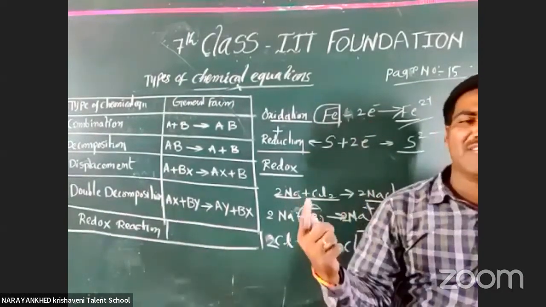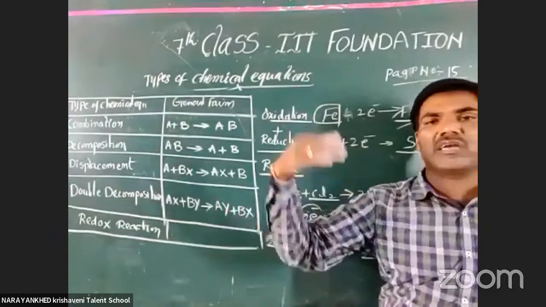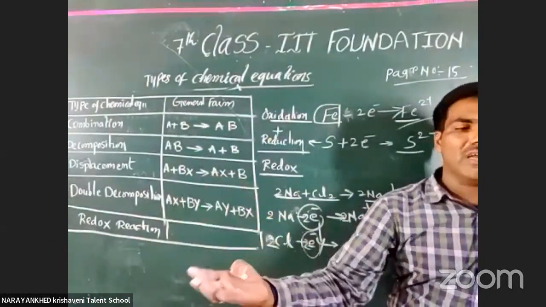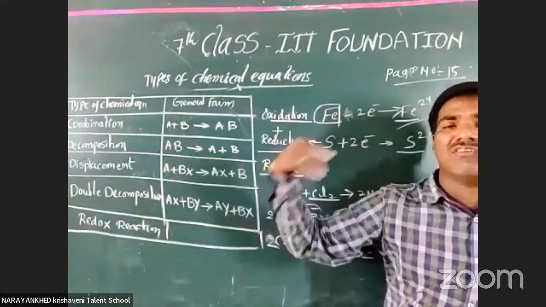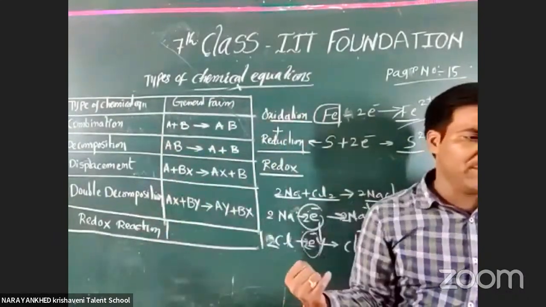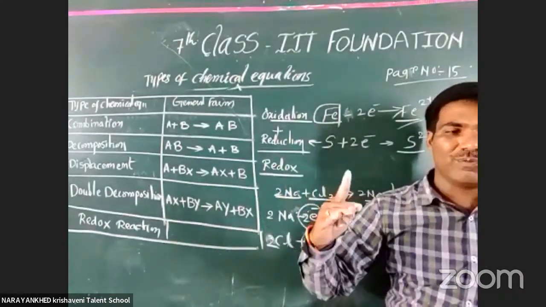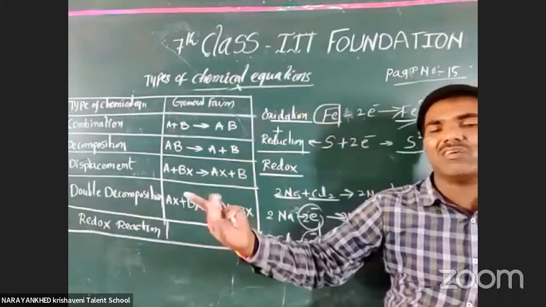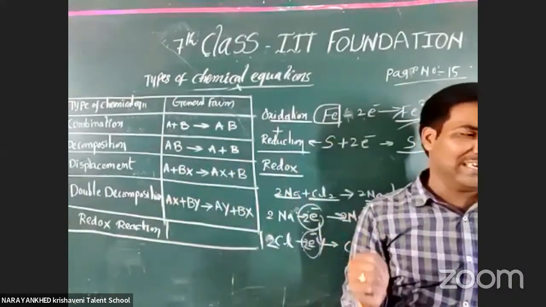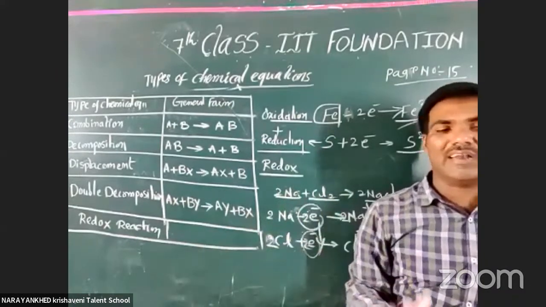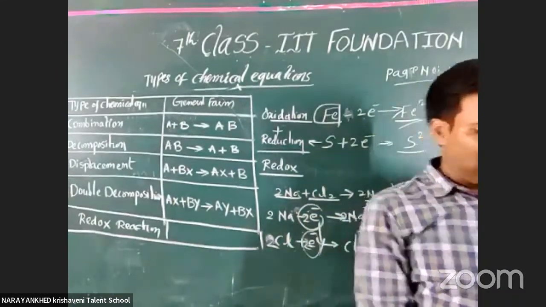In the case of two, two sodium atoms give two electrons to the two chlorine atoms. Observe the two electrons given by the sodium. Somewhat loses, somewhat gains. The loss is called oxidation, the gain is called reduction. The combination of both is called a redox reaction. Clear or not?